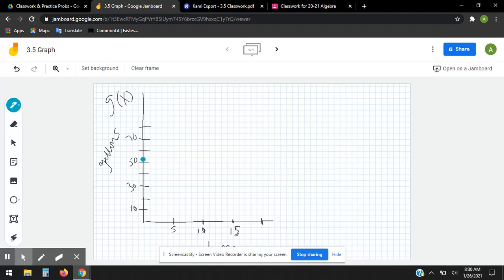And then we're going to have 10 comma 28, which is going to be somewhere about right here. I know if I connect these, my line has got to be somewhat straight. This is where it'd be great to have a straight line.